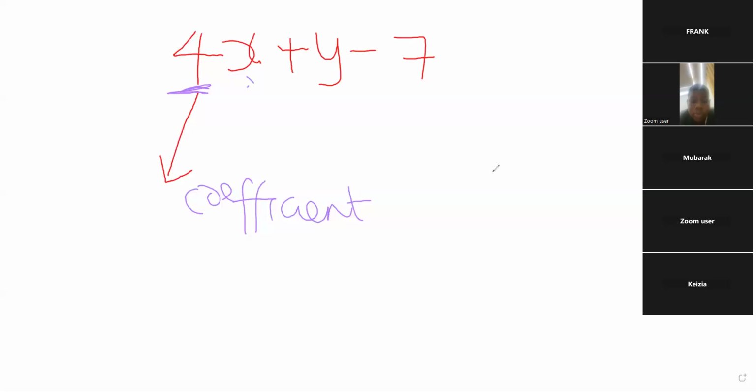Now, if you have letters in an algebraic expression, we don't call them letters, but we call them variables. That's the unique name we give them, variables. Then if you have a number which is not multiplying any letter in an algebraic expression, we call that number a constant.